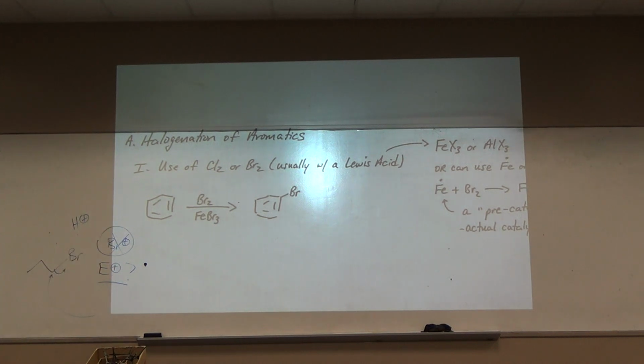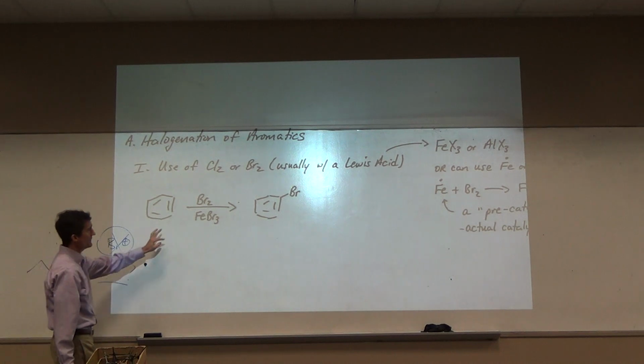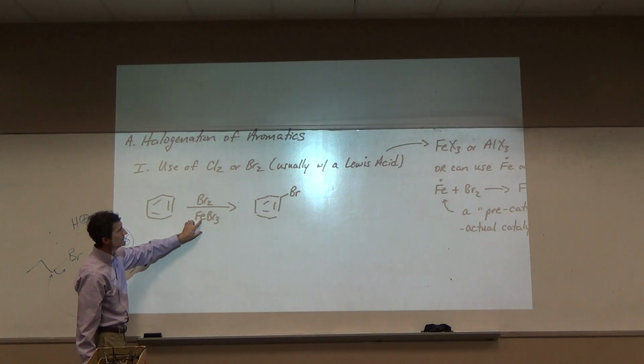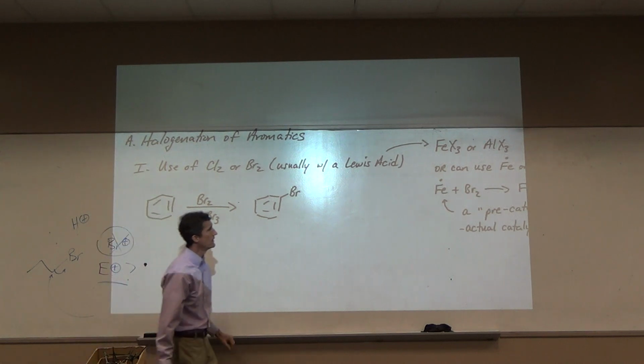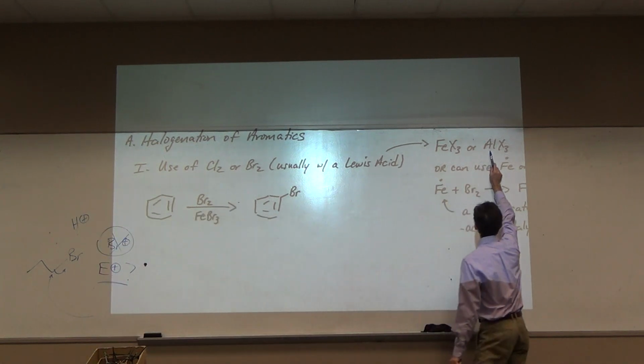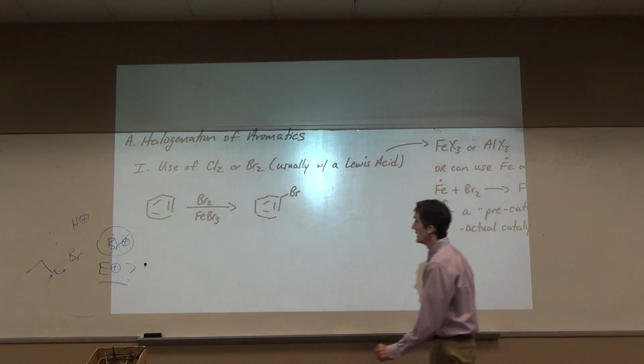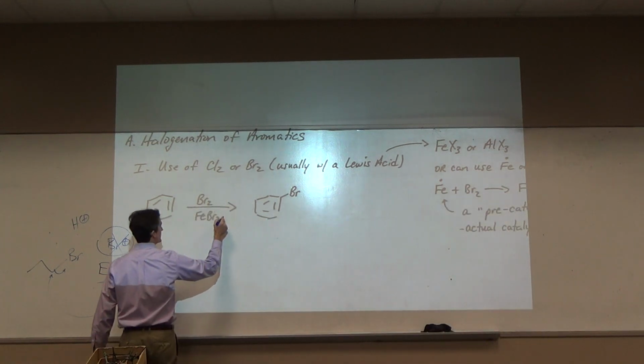They're electrophilic enough. But we're going to usually need a Lewis acid. Common Lewis acids are iron salts, like FeBr3, or aluminum salts, like AlBr3 or AlCl3. These are very common. And this is a catalyst here.